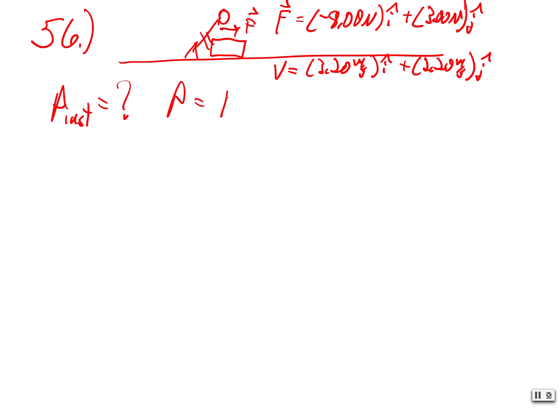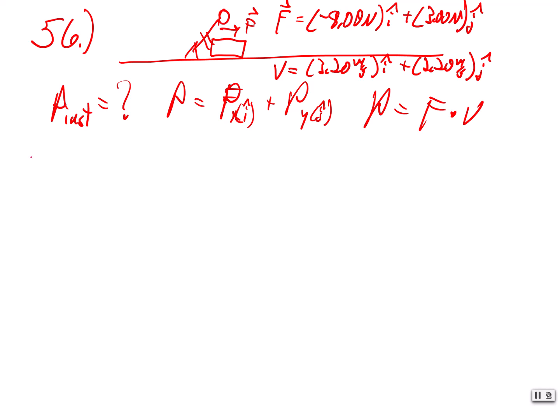We can say the power of the x component, or i component, plus the power of the y component, or the j component. And remember how we find power. Power is found by saying the force times the velocity. So we have force components and velocity components.